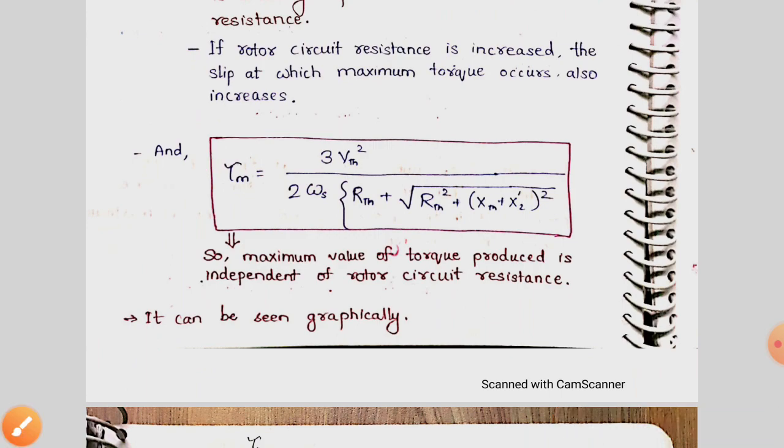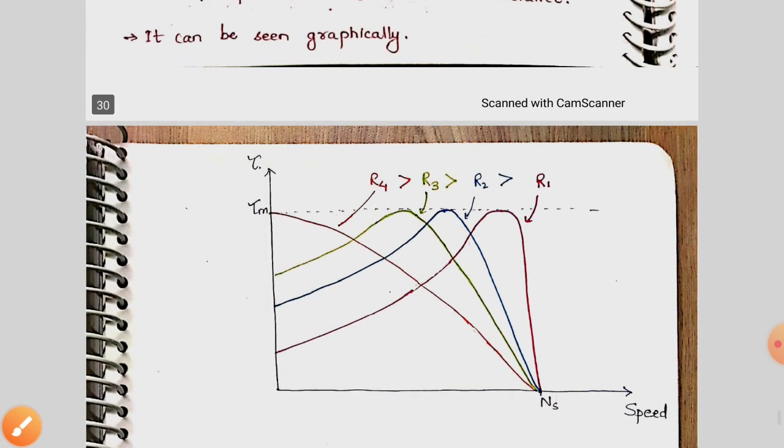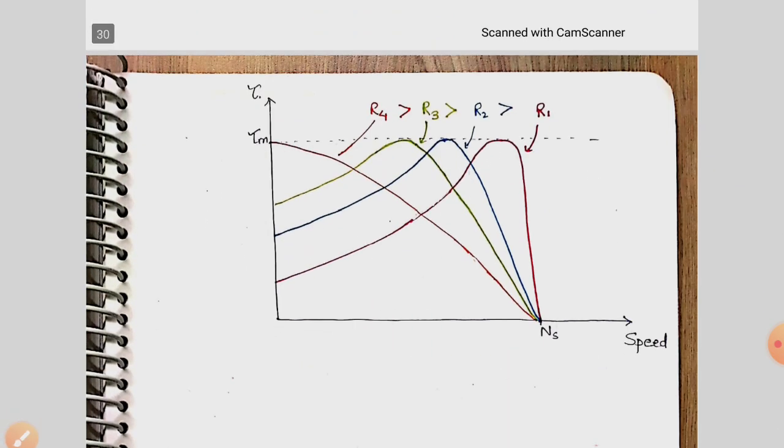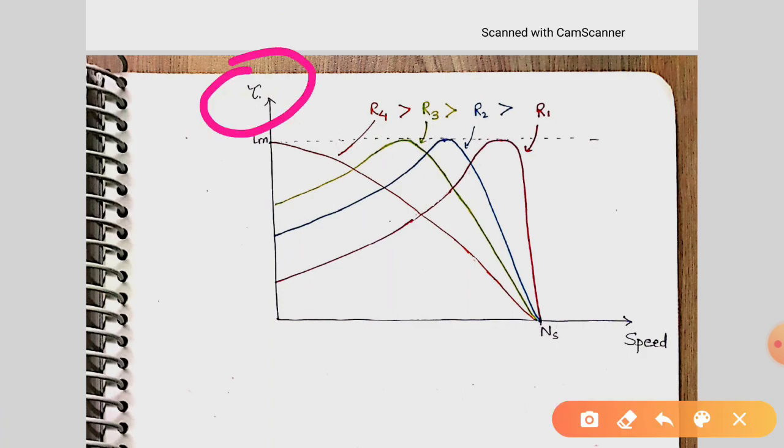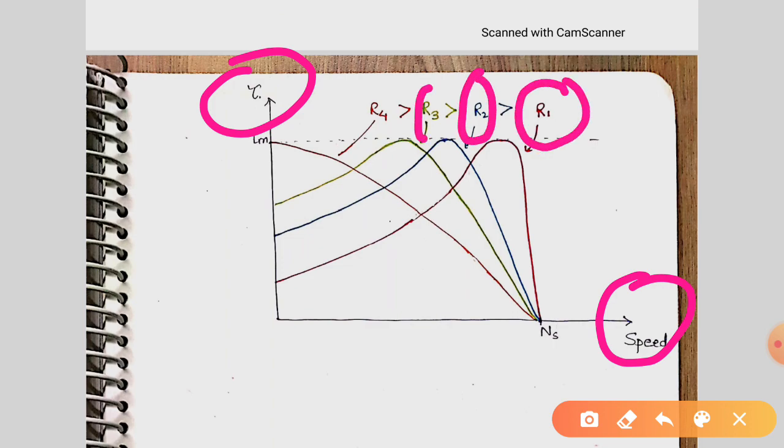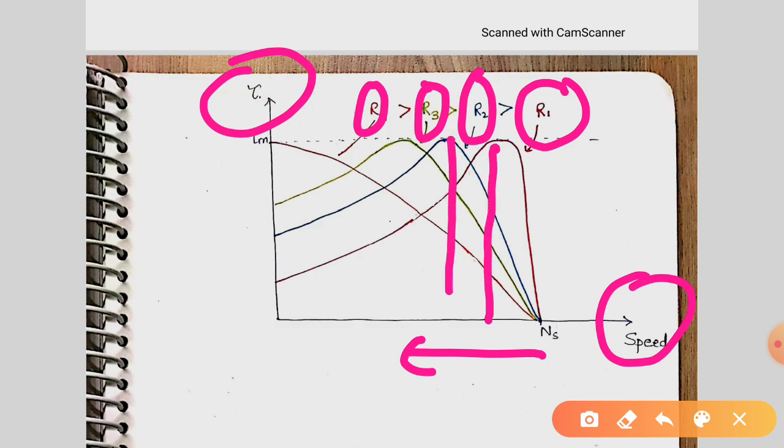Now let's see how we can represent it graphically. Here we can see that this one is the torque and this one is speed. As we increase the rotor circuit resistance, the slip at which maximum torque occurs keeps on increasing.